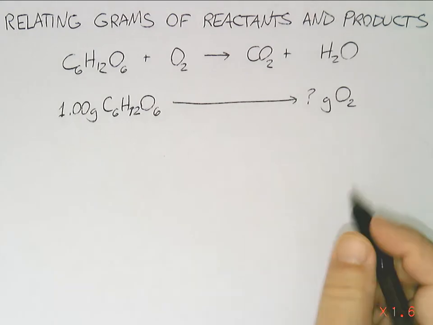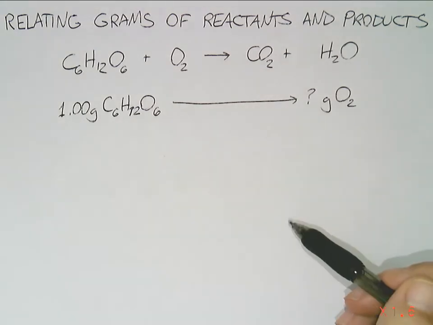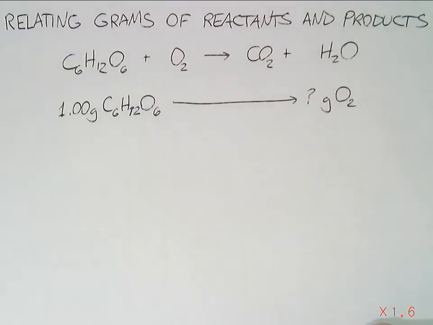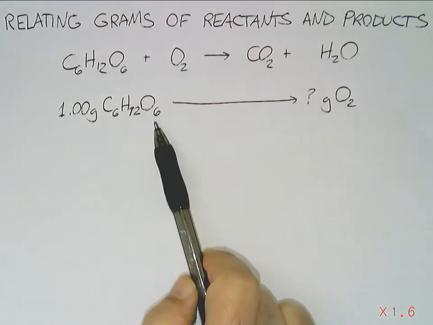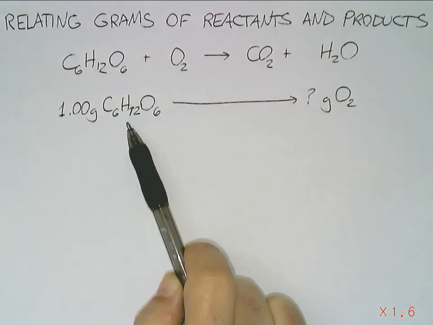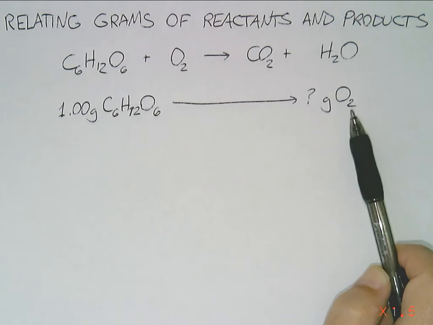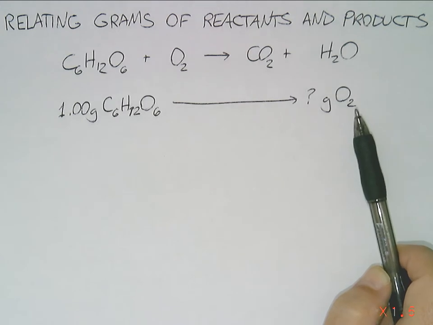Let's figure out how many grams of oxygen gas I would need to burn up 1 gram of glucose. Now, the first thing you should notice about my roadmap here is that I'm starting with one substance and I'm ending up with another substance.